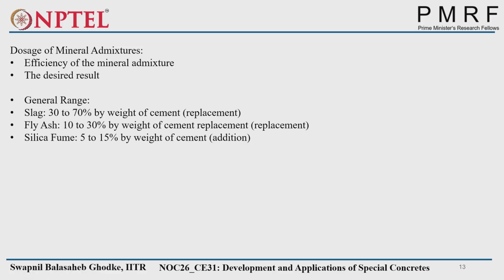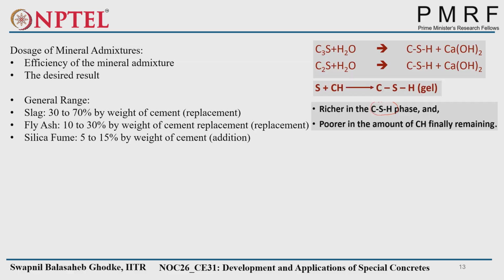But the code has not recommended beyond this till date. Maybe in future amendments it will go beyond that also. But at this moment we have these values only. But research is going on up to 60%, 70% high volume fly ash also.